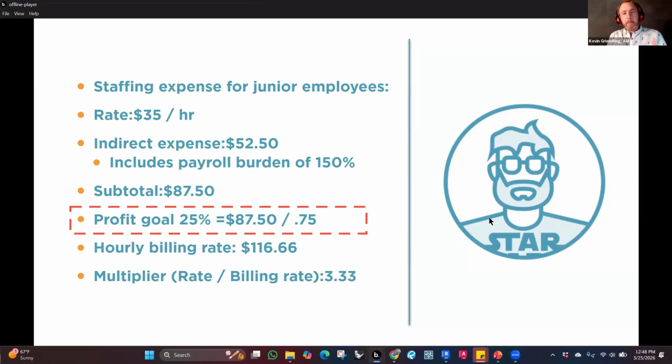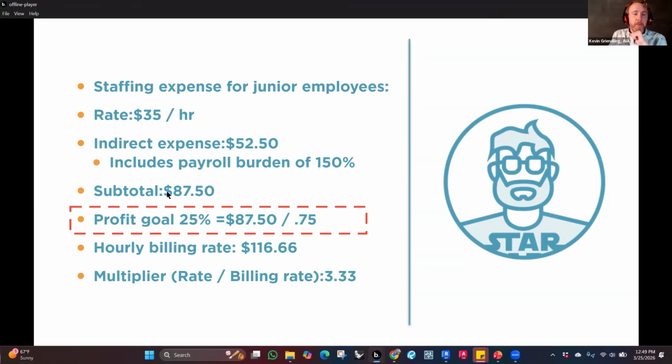So this is an example of a staffing expense calculation for a junior employee. Let's say your firm's profit goal is 25%. The person makes $35 an hour. There's a 150% payroll burden overhead essentially.